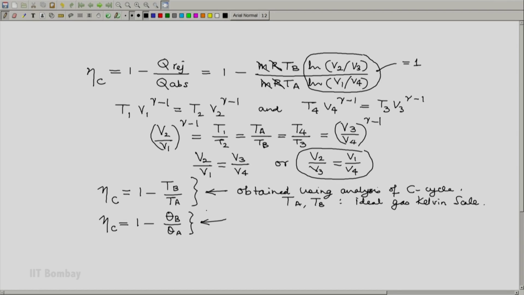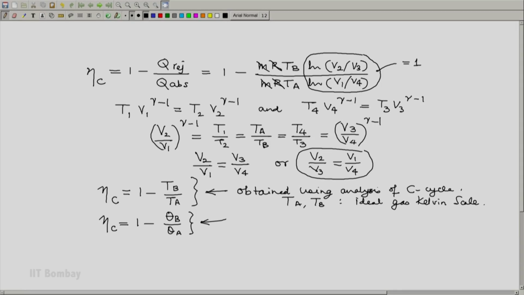This is because the Carnot cycle is running an engine which is working as a reversible 2T heat engine, and by the second law of thermodynamics and Carnot theorem, and our definition of the thermodynamic temperature scale, the efficiency of any such machine must be 1 minus theta B/theta A.